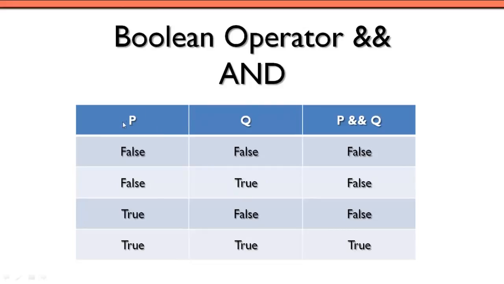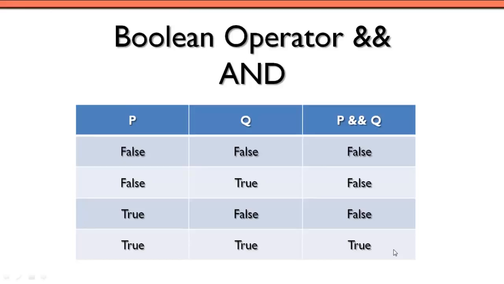We can have some expression that resolves down to true or false for P and also for Q. But if we AND those together using our AND operator, which is this double ampersand, then in order for that whole expression to be true, both P and Q have to be true. So false and false results in a false, false and true results in a false, true and false results in a false, and then finally true and true results in a true.